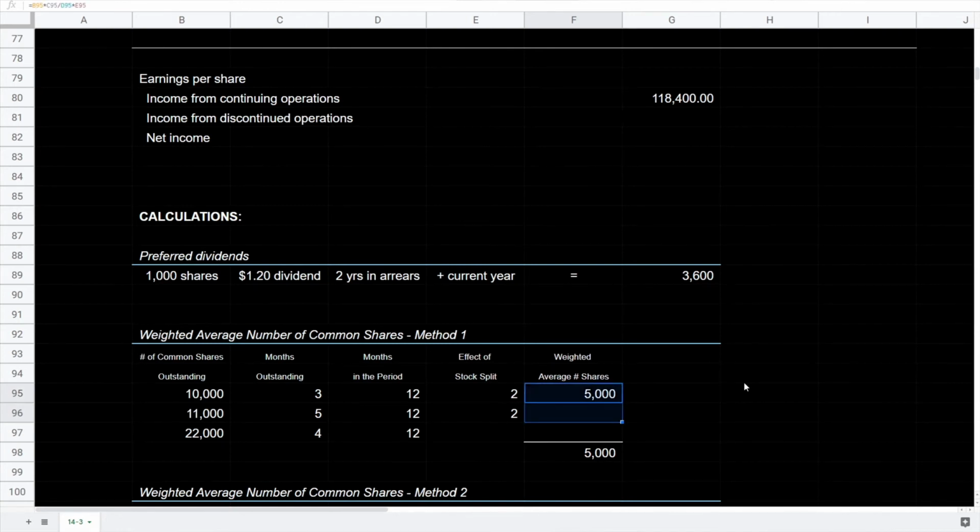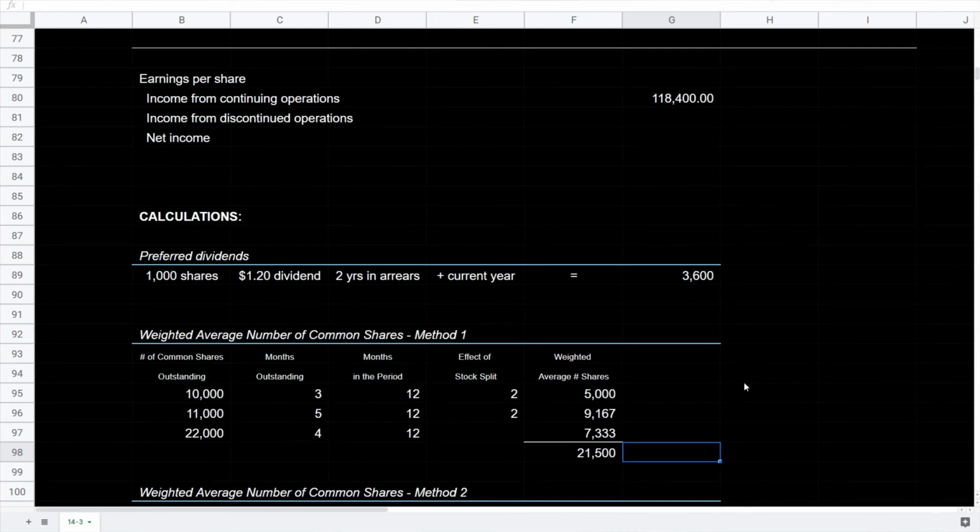The weighted average for the next period, we could just drag the formula down. And then for the final period, we could take 22,000 shares, which is outstanding for 4 months out of 12 months in the year, for a total weighted average of 21,500.